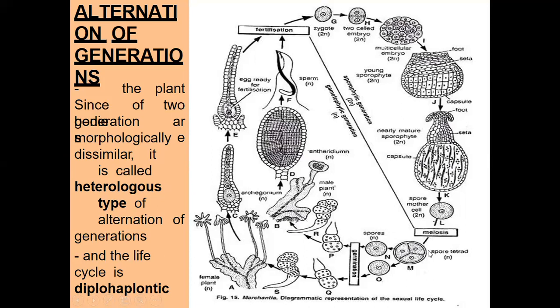By reduction division, each sporophyte mother cell forms four spores. Out of these, two spores may form male gametophyte and two may form female, or three may form male and one female. It depends upon the sexuality. The spores develop further into male and female gametophytes.